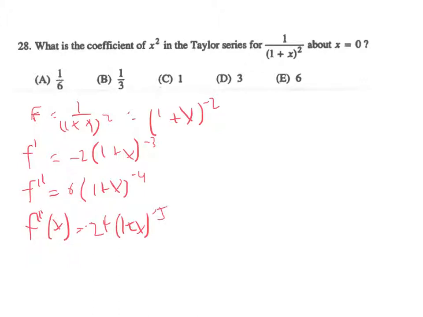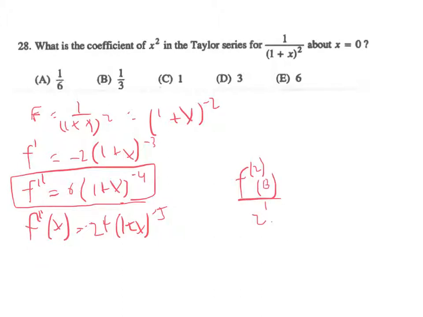Oh, but wait a minute, I don't have to go that far. This is what I need. For the x squared term, this is what I want to look at here. I'm doing it about x equals 0, so the x squared term in our Taylor series is going to be the second derivative taken at 0 over 2 factorial times x minus 0 to the second.